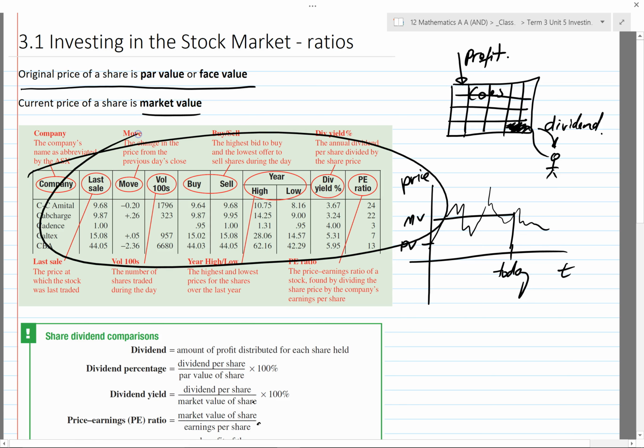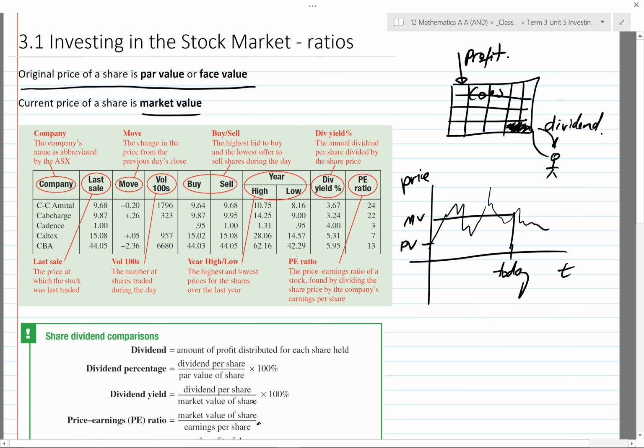In this table, we can see a lot of information about shares. So what they last sold for on the day, whether the movement was positive or negative, how many thousand shares were sold, what the buy and sell was during the day, what the buy and sell was during the year, and these last two, which we'll look at how to calculate in this lesson.